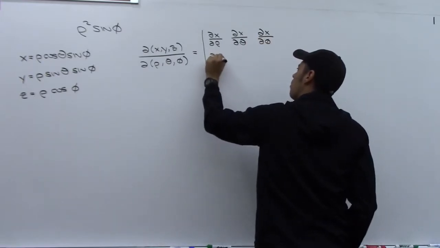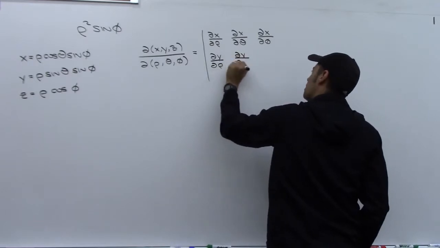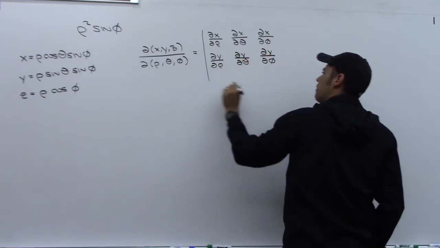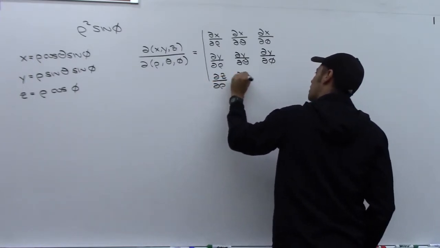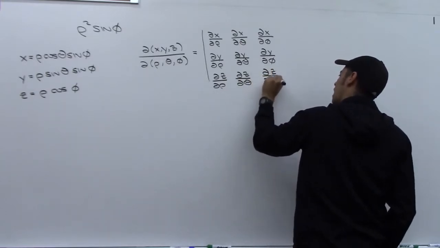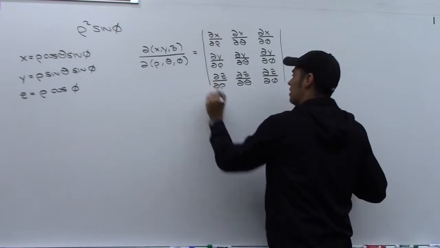Then partial y with respect to rho, partial y with respect to theta, partial y with respect to phi. Partial z with respect to rho, partial z with respect to theta, partial z with respect to phi. I need the determinant of that. Nasty.